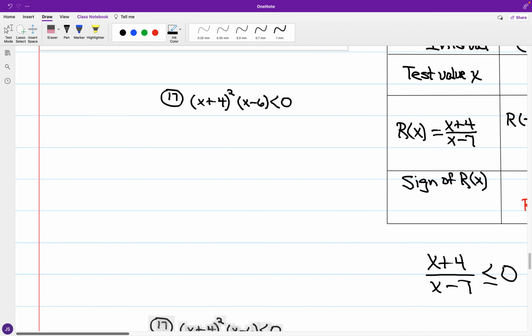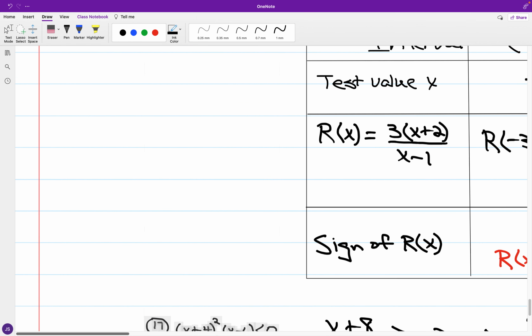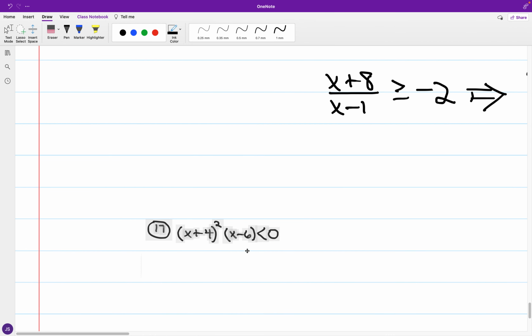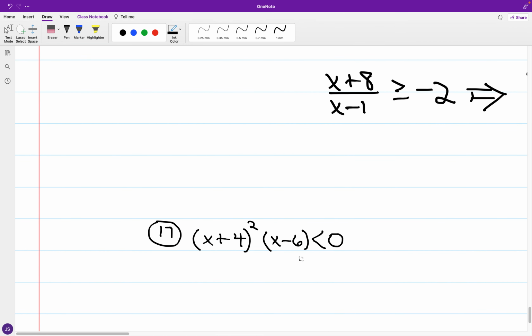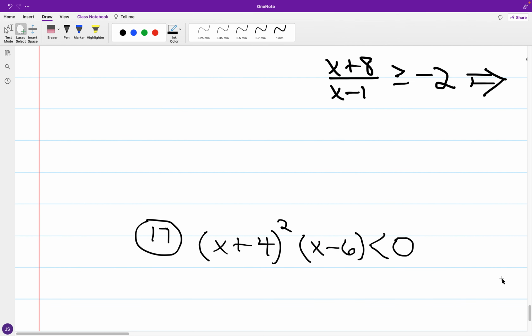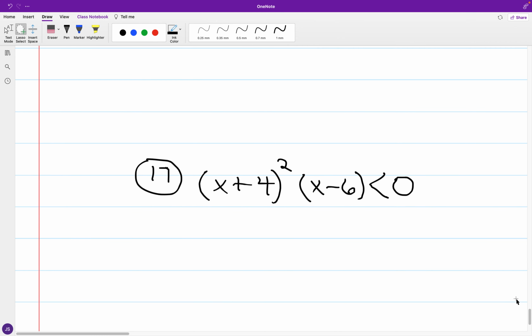And in the case of number 17, we have the square of x plus 4 times the quantity of x minus 6 is less than 0.